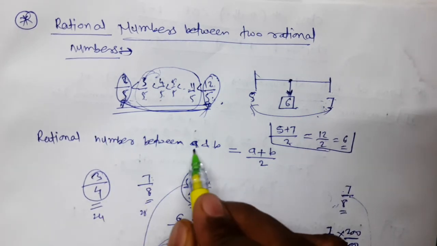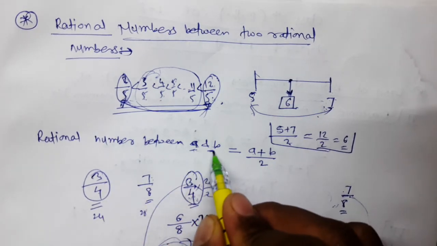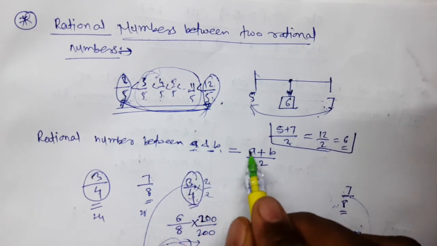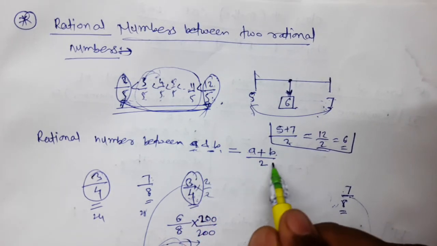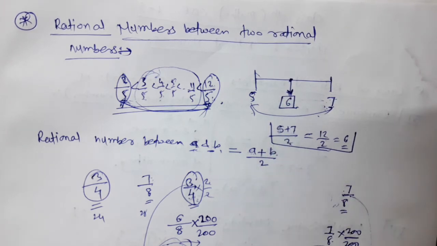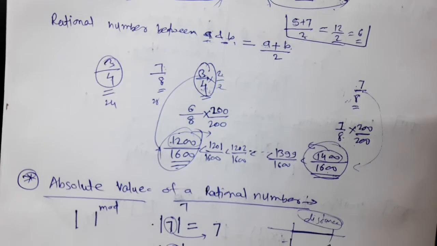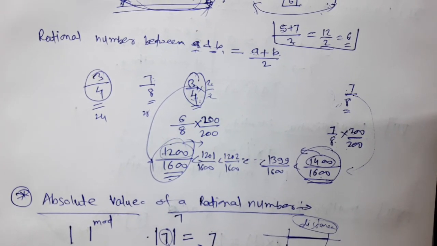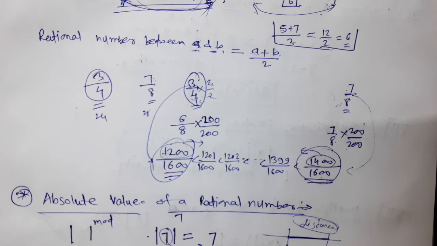Suppose A and B are the numbers, and we have to find the exact middle number between A and B. So add them, A plus B, and divide the sum by 2. We will get the exact middle number. Now, as we explained before, there are infinitely many rational numbers between any two rational numbers.